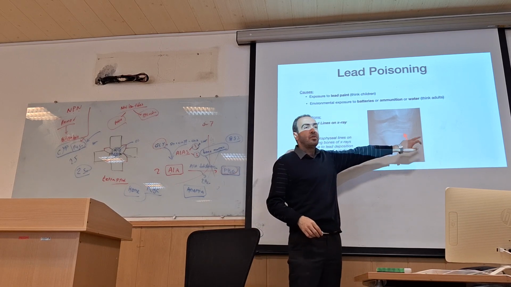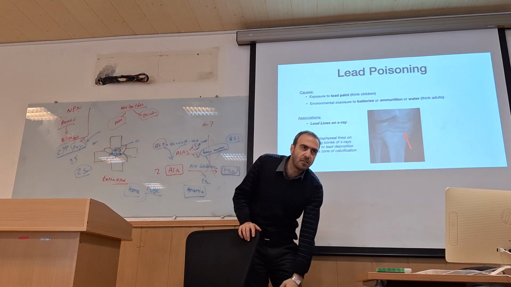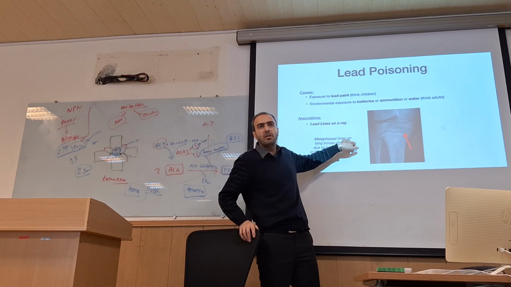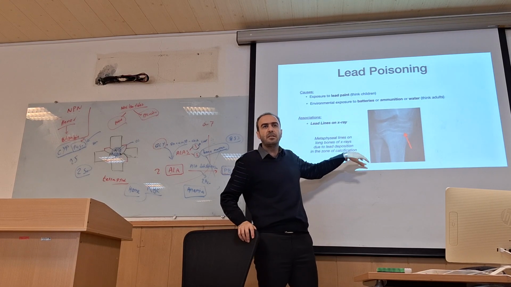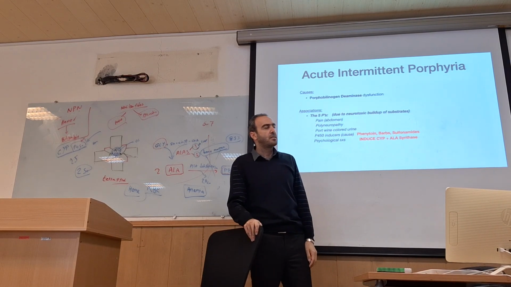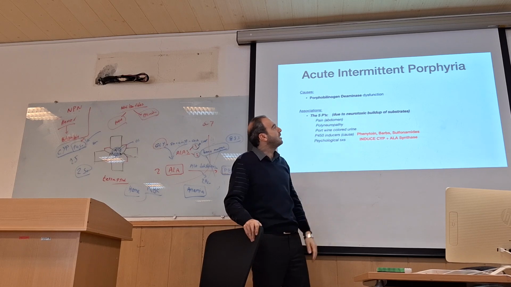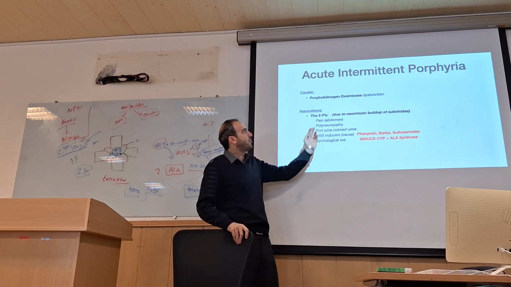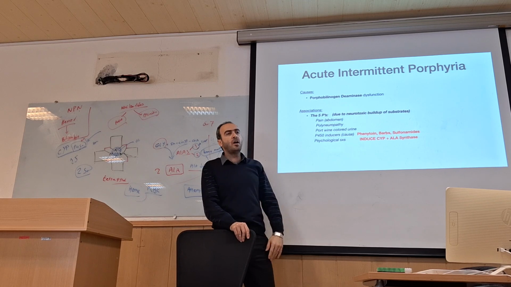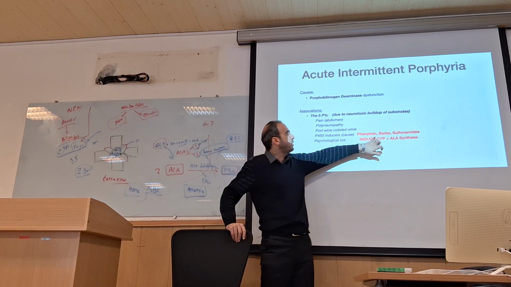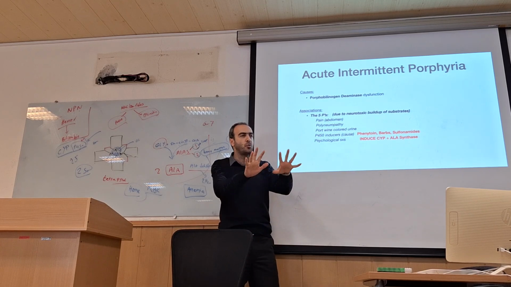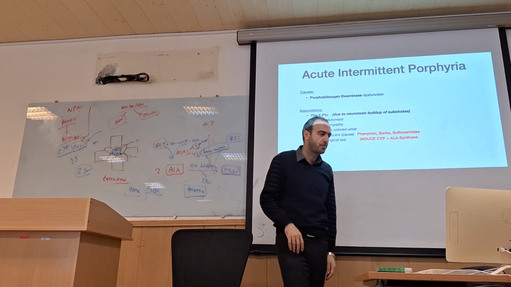Lead can also accumulate in the joints, and in the X-ray it is completely clear; they have this kind of discs. The next is acute intermittent porphyria, due to dysfunction of PBG deaminase, and some drugs like phenytoin, barbiturate, and sulfonamide induce this disease.